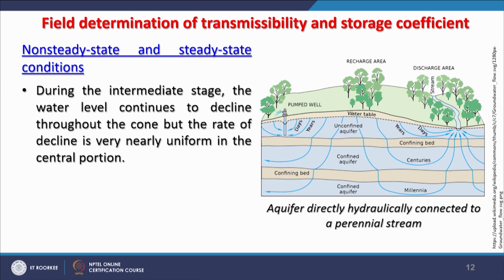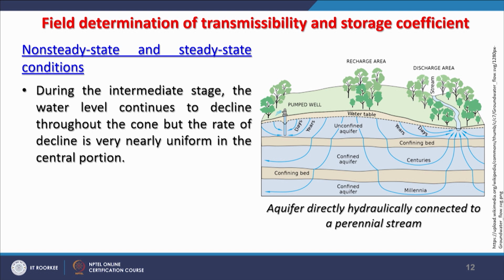Anyway, during this intermediate stage, after the first stage when the water is coming into the well from very nearby places or surroundings, and then later on from a little farther places, the water level continues to decline throughout the cone of depression, and the rate also declines, which is very nearly uniform in the central portion.